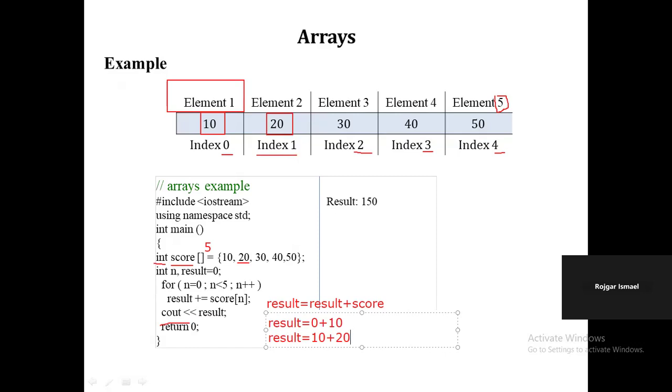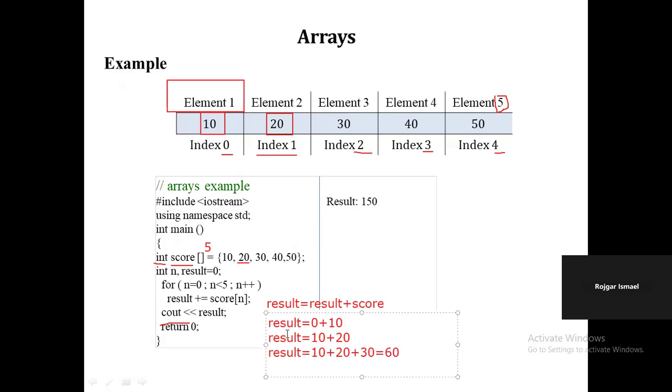So is the second element smaller or larger than the 5, which is described in the loop? It is smaller, so the iteration will continue. Here, this is the third iteration, result equal to 10 plus 20 plus 30. In this case, it would be equal to 60.